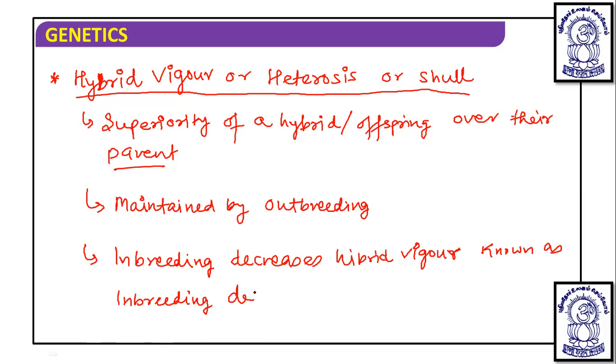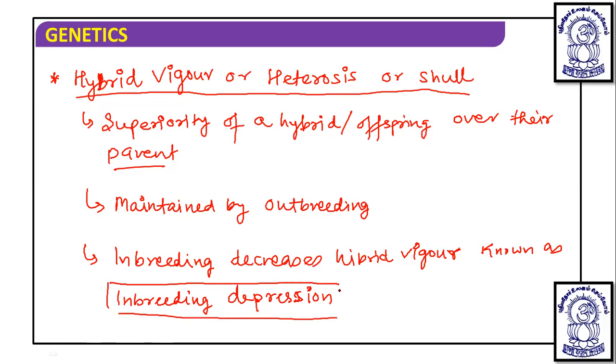Means we lose the superior character due to inbreeding, because inbreeding is not going to induce variation. So continuous selfing decreases the superiority of offspring or hybrid over their parent, it loses variation, so it is known as inbreeding depression.